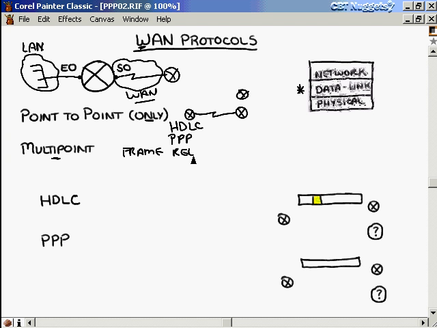We also have packet switching, known as X.25 protocol, and then we have ATM, which is asynchronous transfer mode. It's a cell-based transfer mode used for point-to-multipoint connectivity. So as you can see, HDLC and PPP exist within the same category to support point-to-point connectivity.